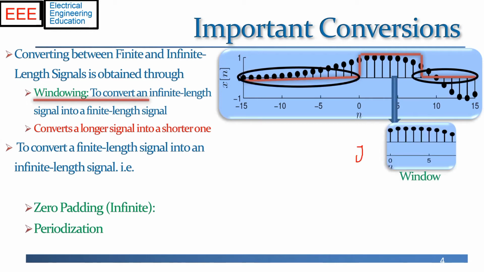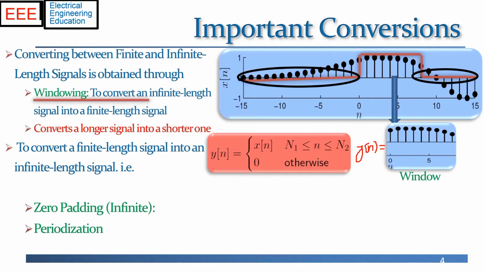So, we place a window on our signal, we ignore everything outside the window, and then we copy that windowed signal into a signal y of n, in this case from n equals 0 up through n equals 8. So the values of y of n are simply the values of x of n evaluated at this narrower range of the signal that we see when we look through the window.